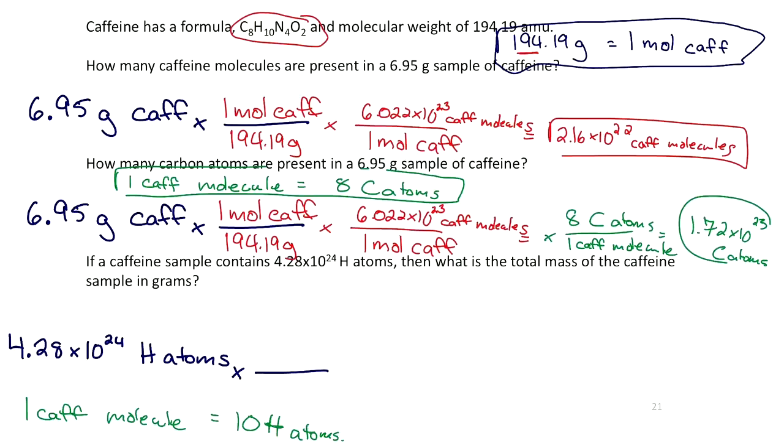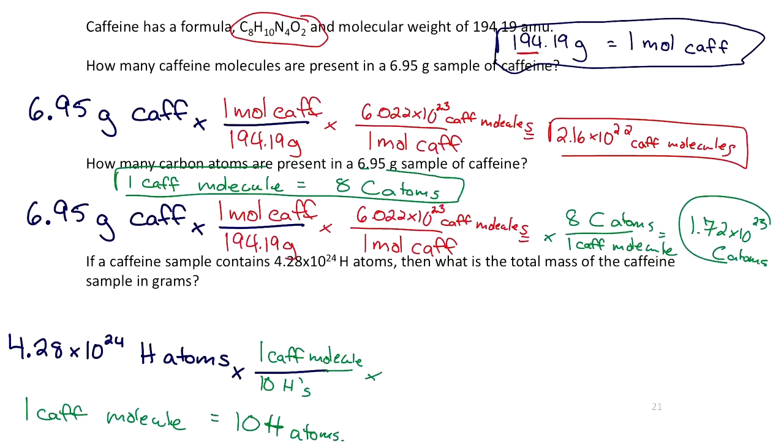So we know the relationship between hydrogen and caffeine, so we're going to use that to figure out how many caffeine molecules I have given this hydrogen. So where am I going to put the 10? On the bottom, yep. So 10 H's on the bottom, 1 caffeine molecule. At this point, I could multiply this by AMU, but I want it in grams.